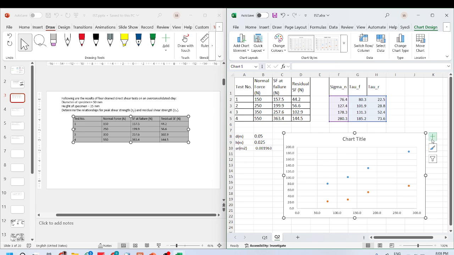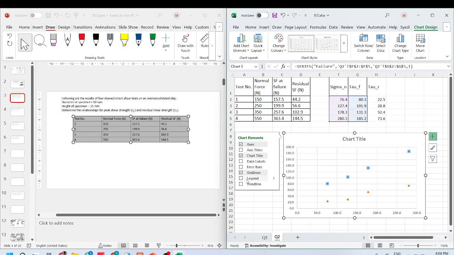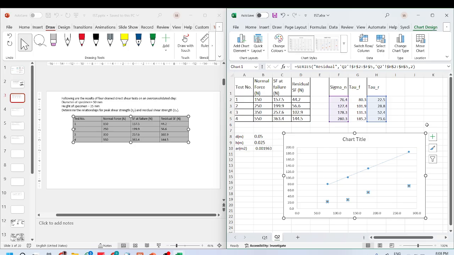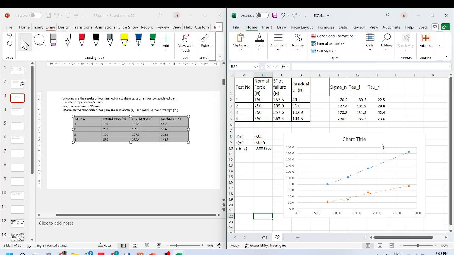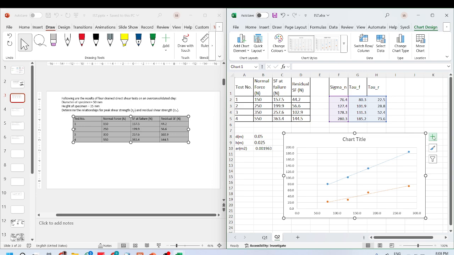So what we can do, we can put a linear trend line here. So you see, I should add the legend.